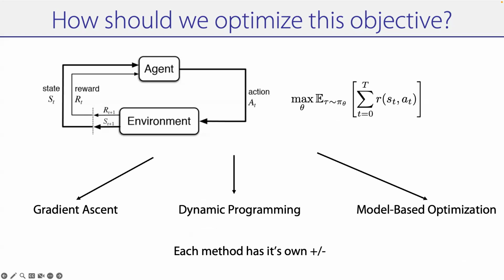Dynamic programming is super efficient, and it transfers across problems, but you have to predict pixels or build a model of the world, which might be harder than just acting in the world. We'll cover the pros and cons once we cover the methods, but generally this is the spectrum of things that people think about, plus or minus some.